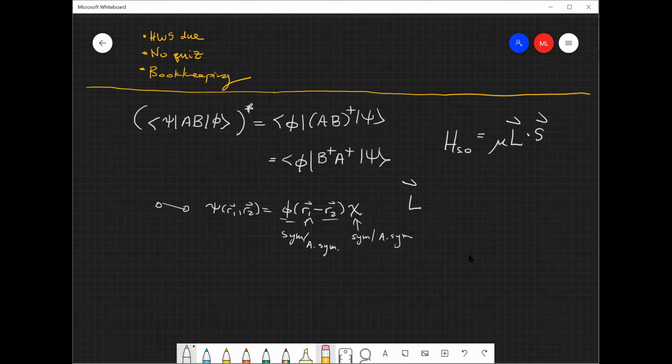So the kind of stuff we were talking about, it doesn't always work. You can't always just say, well, your wave function is just the product of the spin part times something that has a well-defined orbital angular momentum for the spatial part. So that's also kind of wrong.